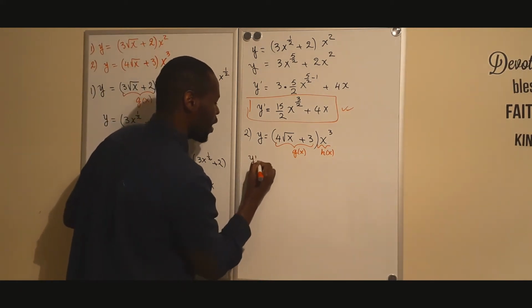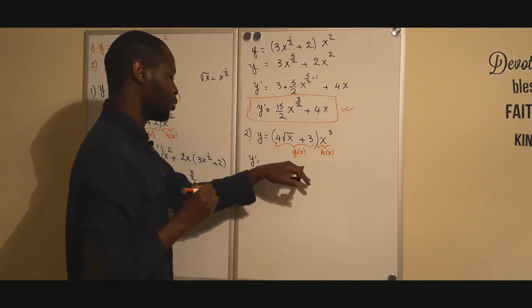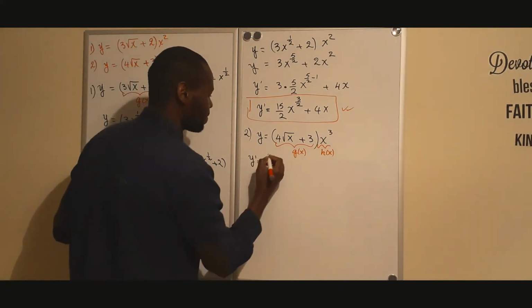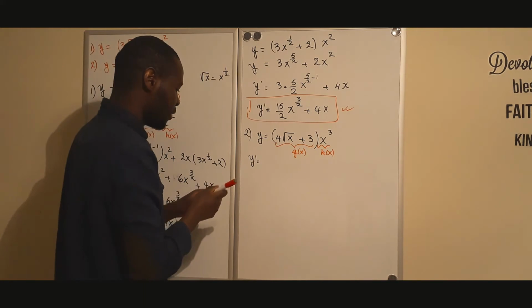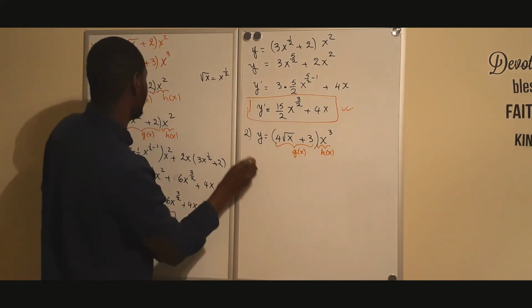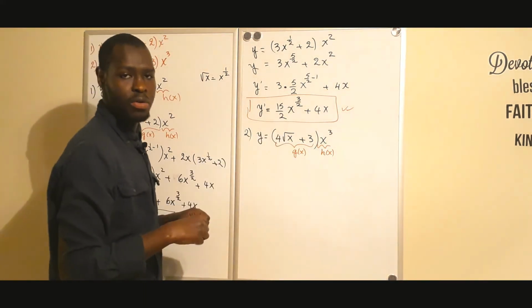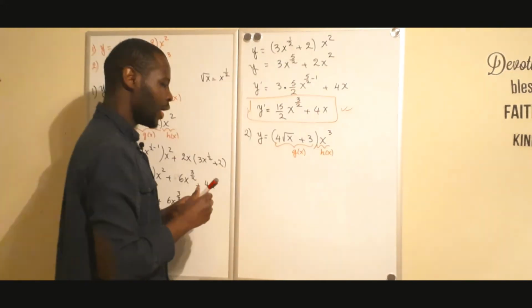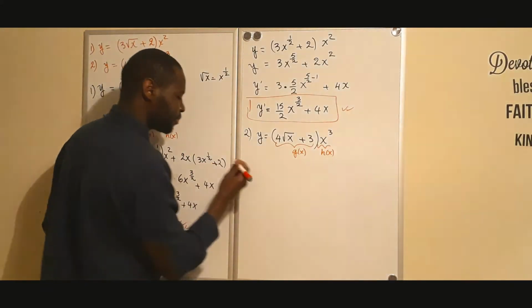So let's go ahead. y prime equals g prime of x. Again, before I do that, I'll do the same thing like I did here. I don't want to deal with the square root of x. I'll rewrite it as x to the power 1/2.